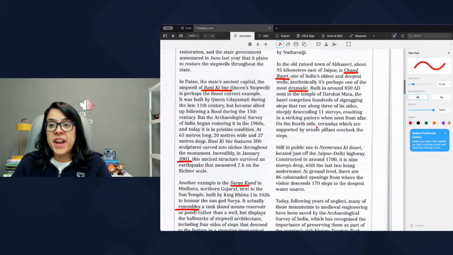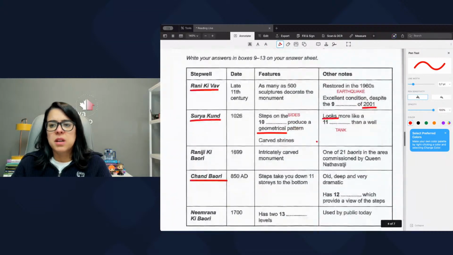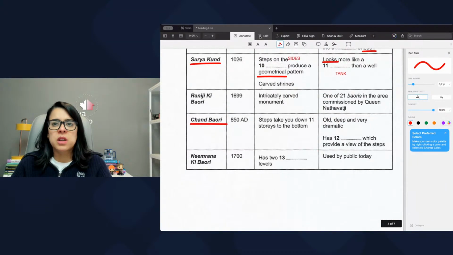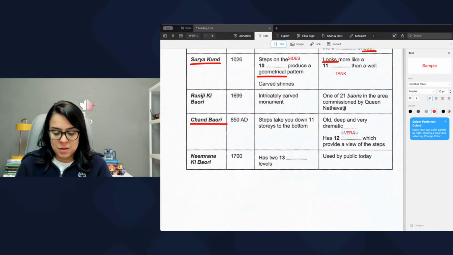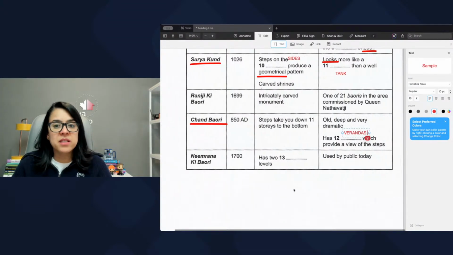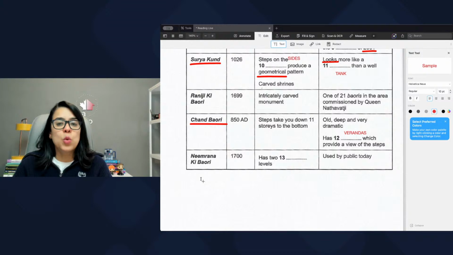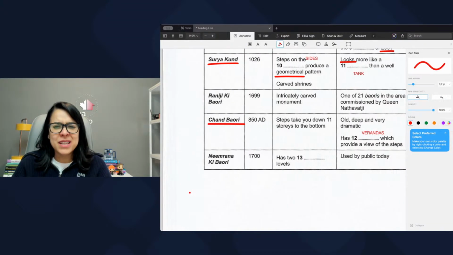Okay, verandas. So verandas overlook the steps. They provide a view to the steps. Okay, so verandas. I know the answer. I'm gonna write it here, verandas.